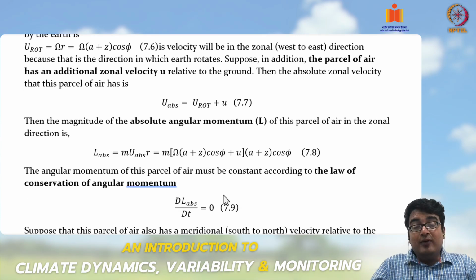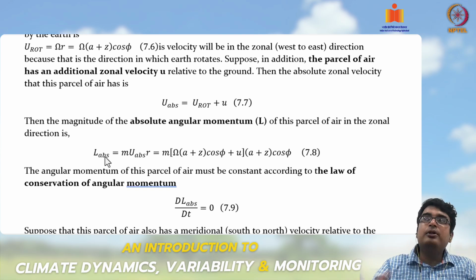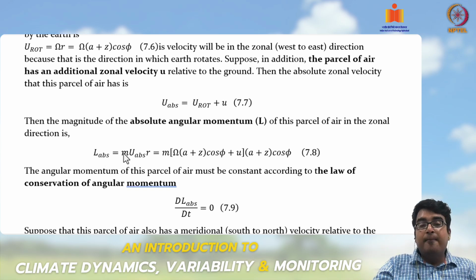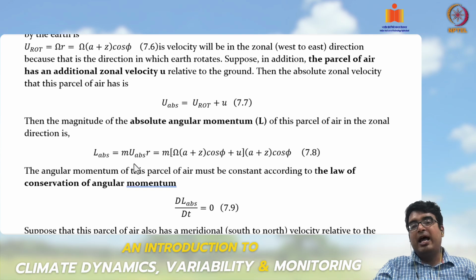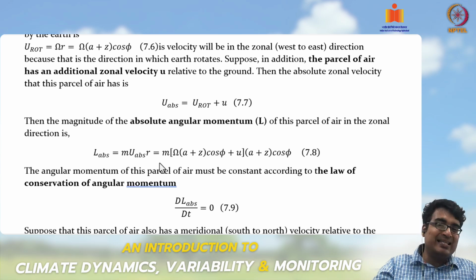Then the magnitude of the absolute angular momentum L of this parcel of air in the zonal direction, so in the x direction, is the mass of this parcel times the absolute zonal velocity times the radial distance of this parcel of air from the axis of the Earth.